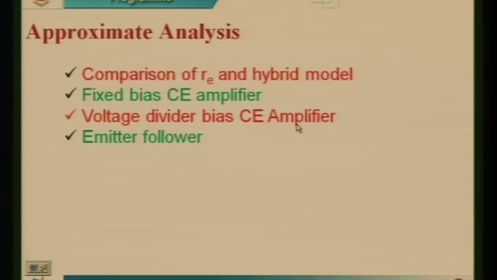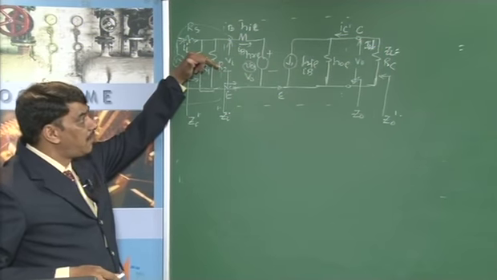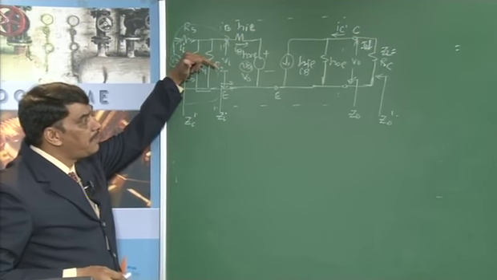Next, let us consider an approximate analysis. For the approximate analysis, under what condition are we going to approximate the exact analysis, and what is the acceptable error? If you answer these questions, then this circuit analysis can be further reduced to a simplified version.